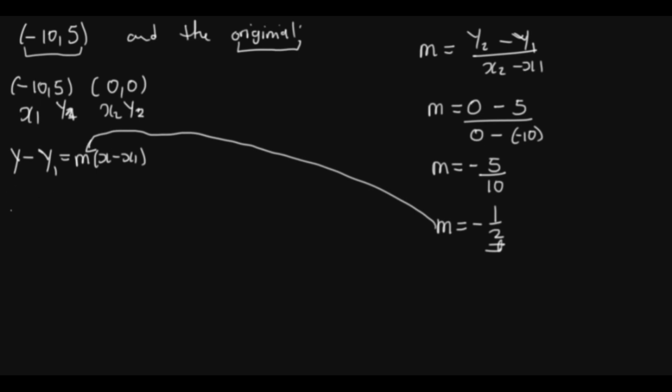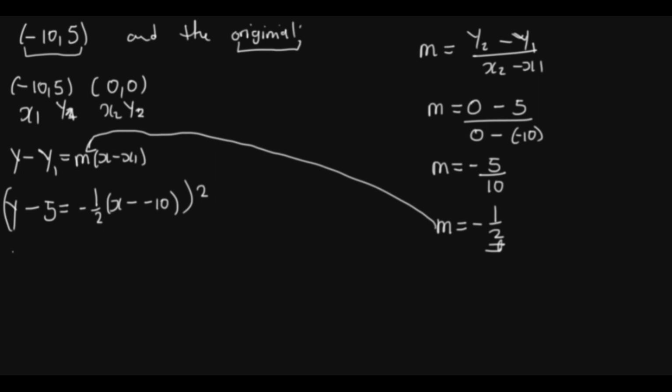So we move this gradient and substitute it where we have m. Now let's proceed. y minus our y1 which is 5, our gradient is negative half, times x minus our x1 which is negative 10. So from there we can simplify it. We are going to multiply by 2 so that we get rid of the fraction.